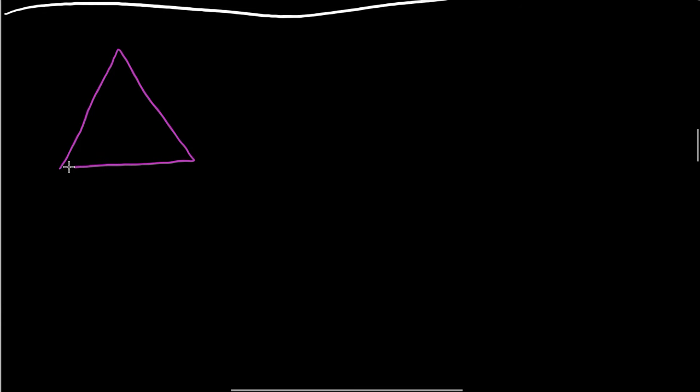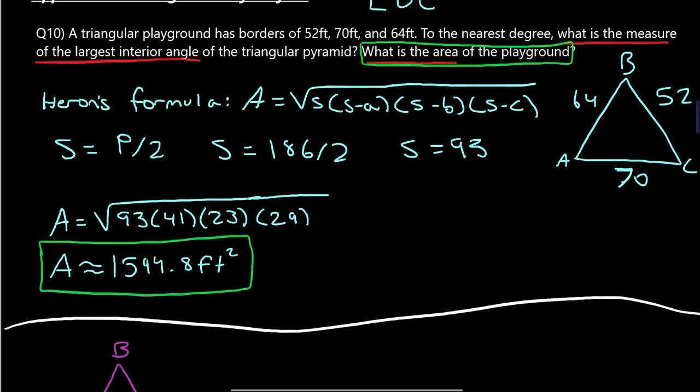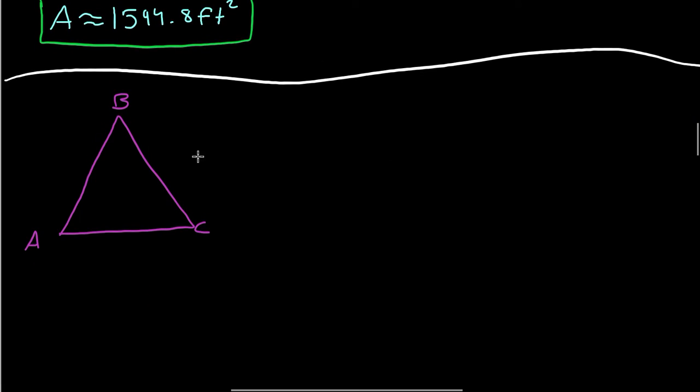Okay, so we're going to label our triangle like we previously did. We're going to have A, B, and C, with sides 52, 70, and 64 feet. Then first we're going to find the measure of angle A. We're going to have that as our x variable.